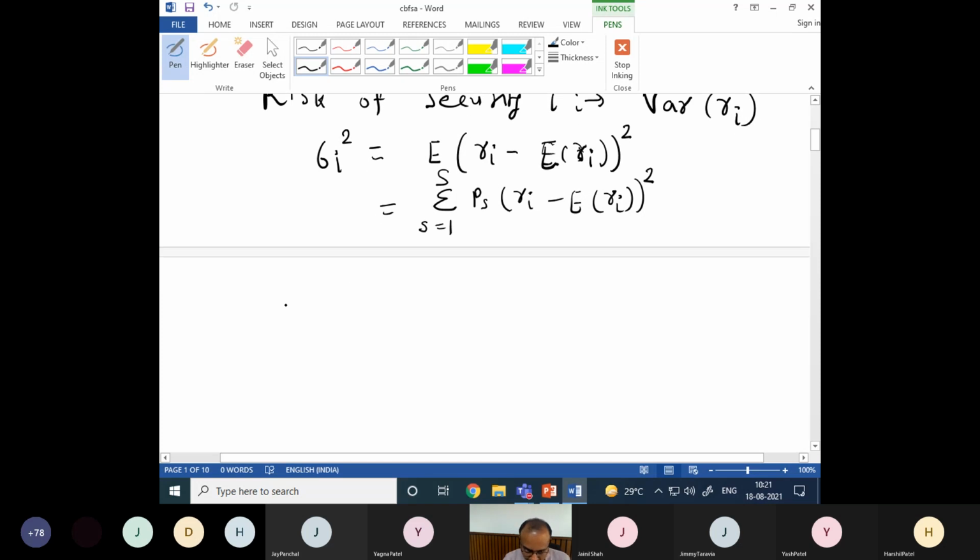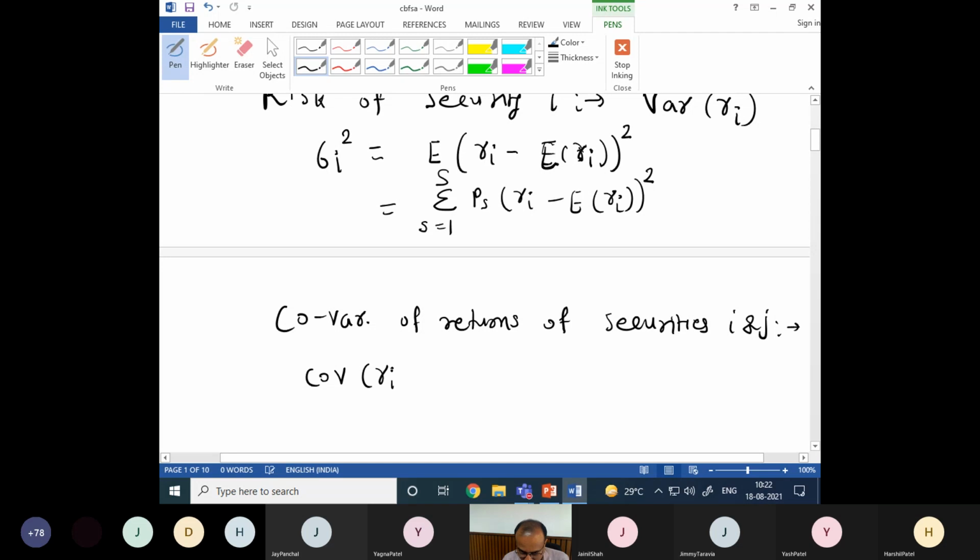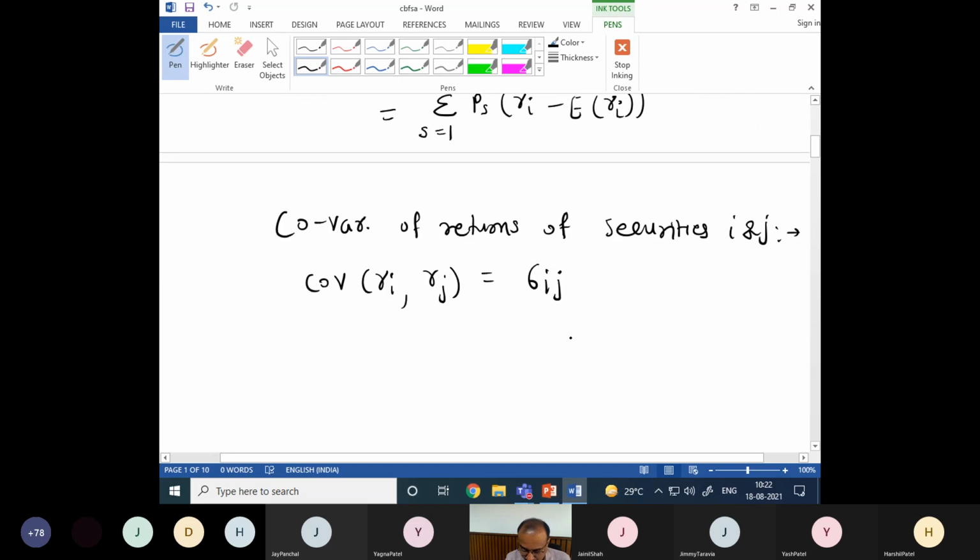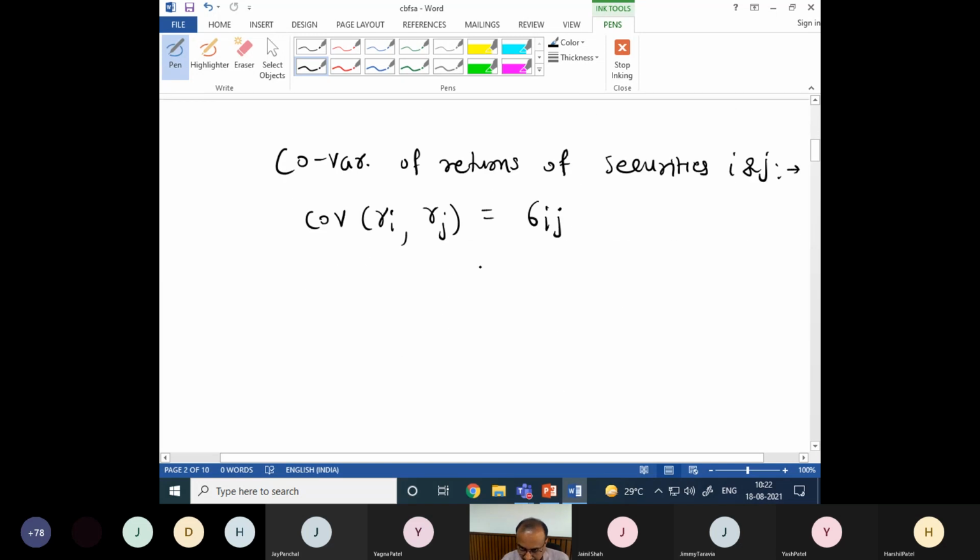Then covariance. The covariance of returns of securities I and J we define like this: covariance of Ri comma Rj, written as sigma Ij. You just concentrate on all these terms, later on it is very important.